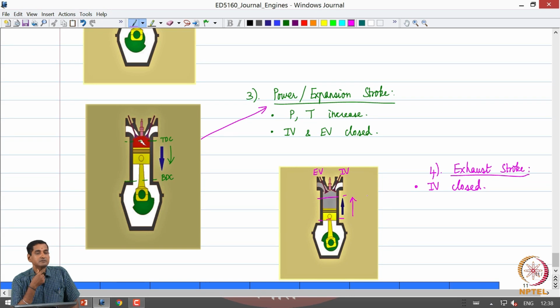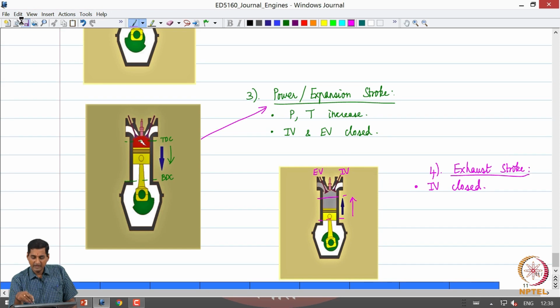So, how do you differentiate between, there are two similar kinds of strokes, two compression strokes and two expansion strokes. How does the engine differentiate, this is the first one and this is the second one? So, the first stroke is a suction stroke. Although the volume in the cylinder is expanding, energy is not transferred to the piston.